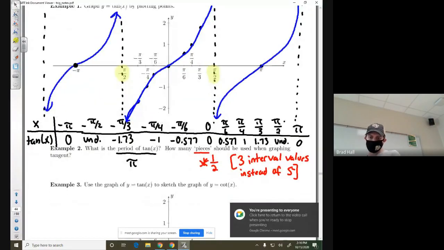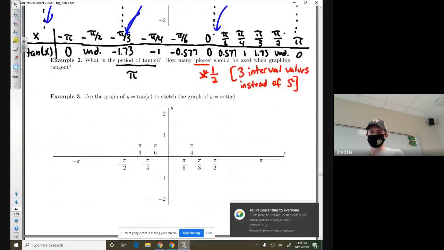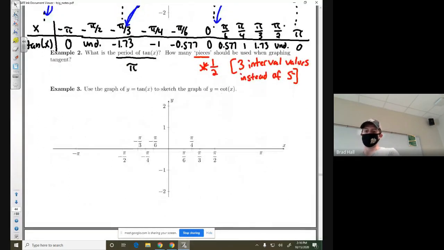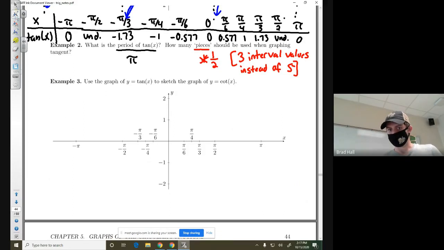We're also going to use the above information to sketch cosine, or not cosine, cotangent. And remember, cotangent is just tangent flipped. So we're going to keep all of those above values in view as we go through cotangent of x.